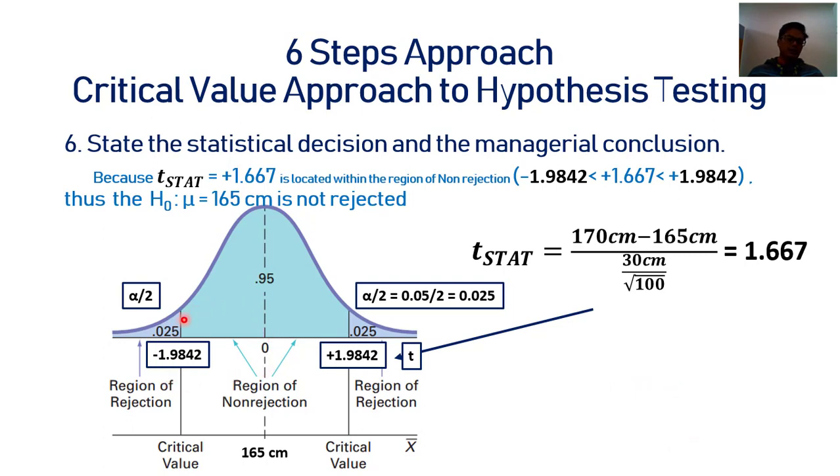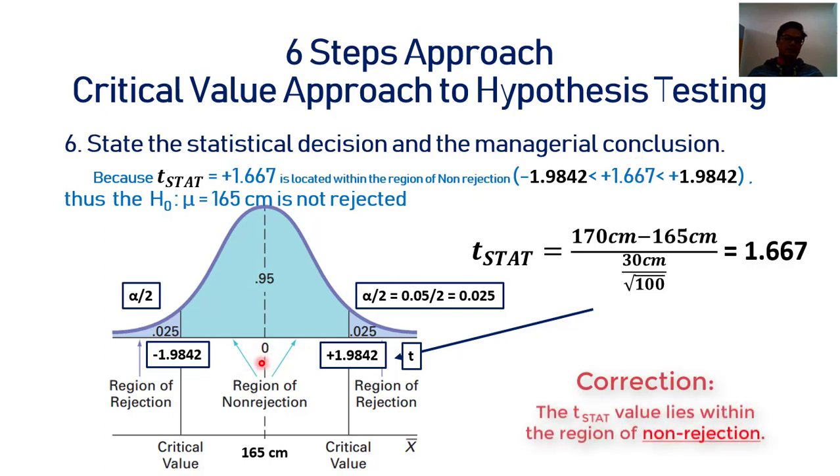Here we know that the critical value at the left side is minus 1.9842, and the critical value at the right side is equal to 1.9842, and the t-stat of the sample lies within the non-rejection region.